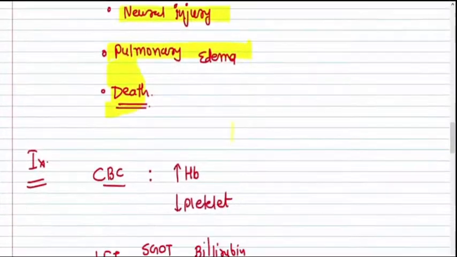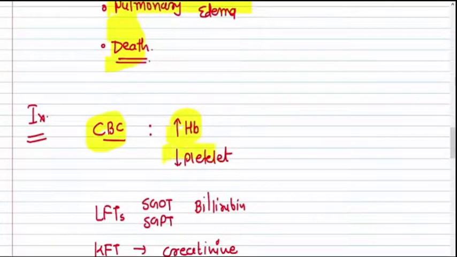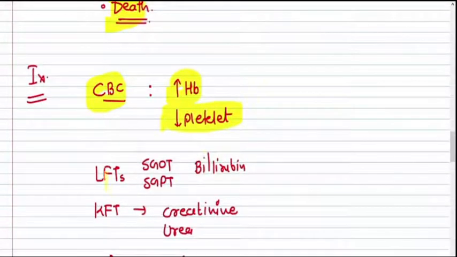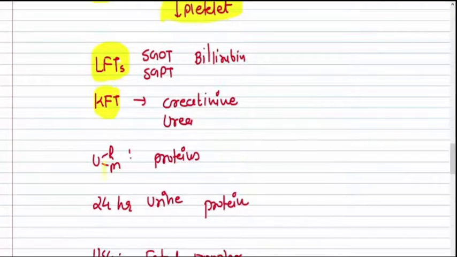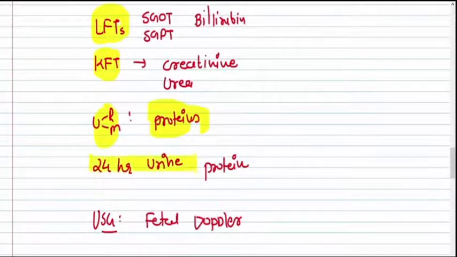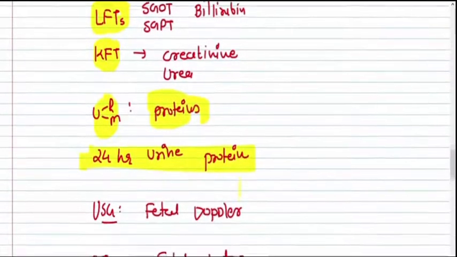The investigation of hypertensive disorder starts with the complete blood count, in which you will find increased hemoglobin concentration, platelets can be decreased, and deranged liver function test and kidney function test. On urine routine and microscopy you will find proteinuria, and 24-hour urine protein is very important to establish the diagnosis of proteinuria.